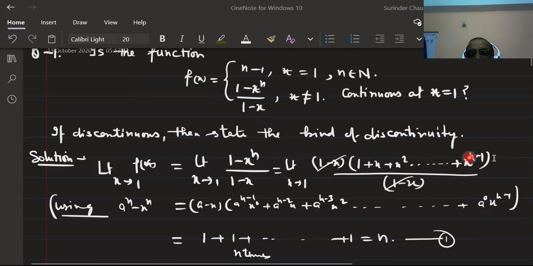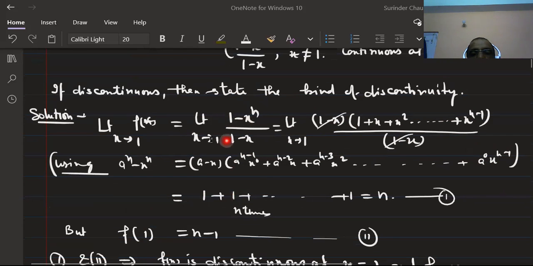After substitution, the factor (x minus 1) cancels out from numerator and denominator. When we cancel it, we get a polynomial function for the limit as x goes to 1. Since it is a polynomial function, we substitute x by 1 itself.